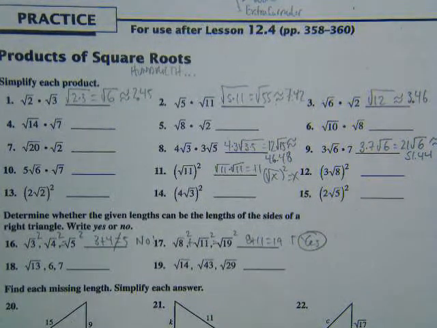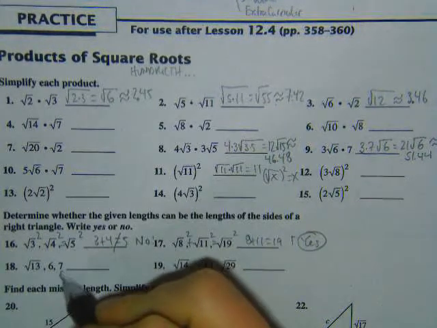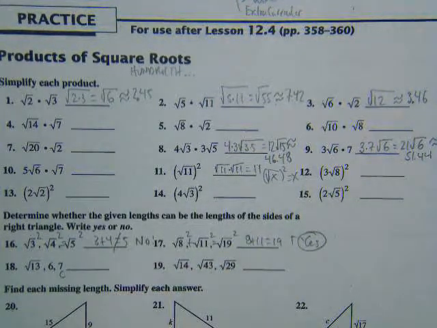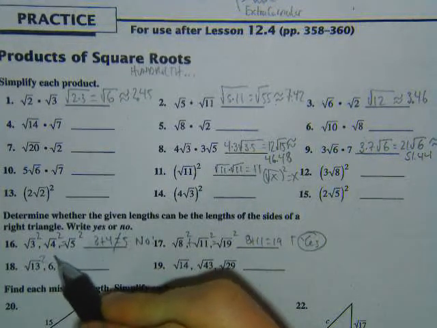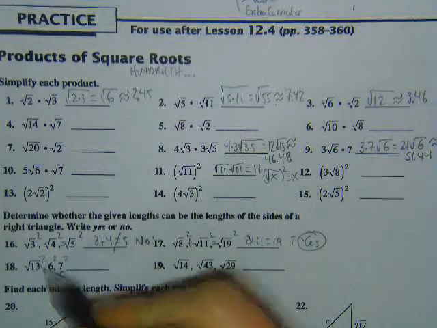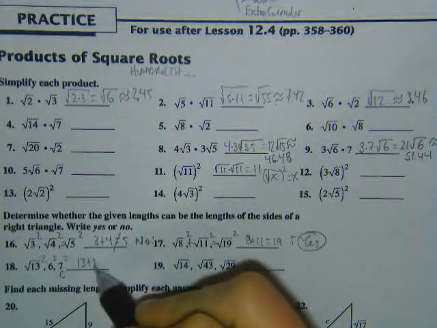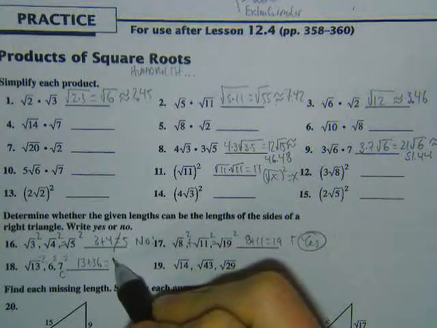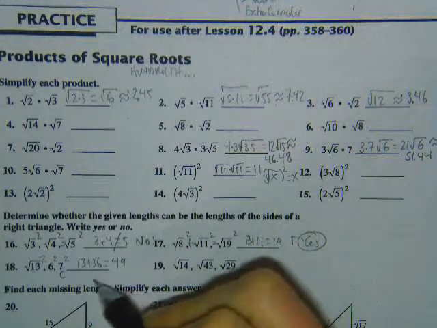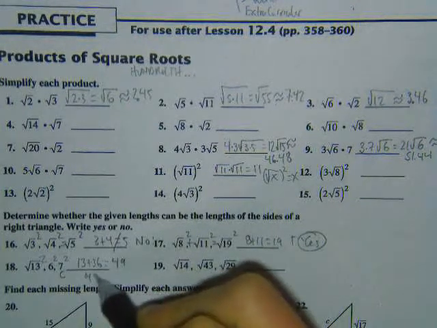This is C here. So that be squared, that be squared, and that be squared. So we'd have 13 plus 36 equals 7 squared, which is 49. That to me looks like 49 equals 49. That's a yes.